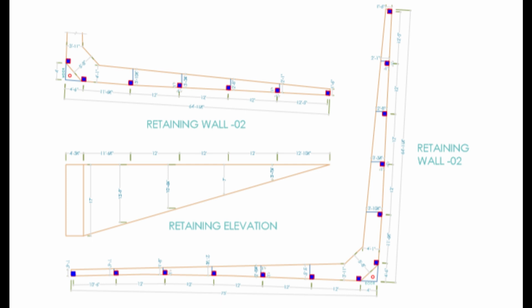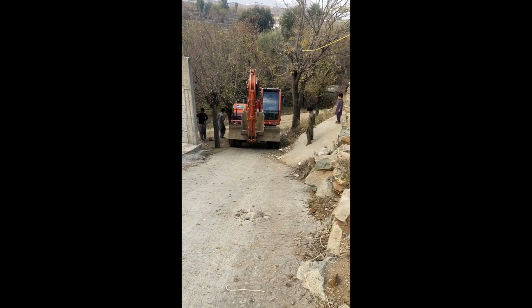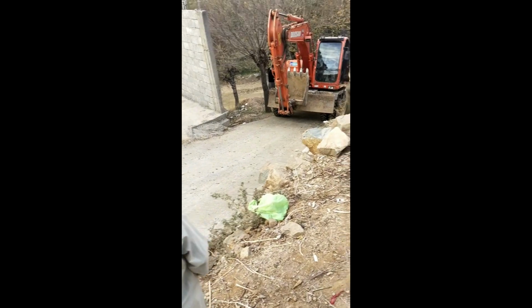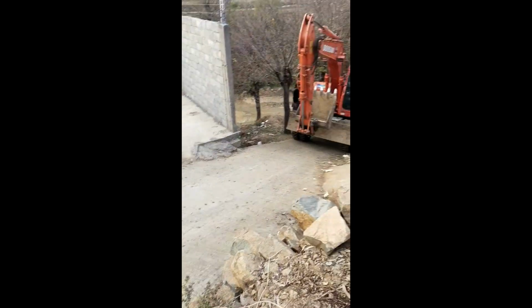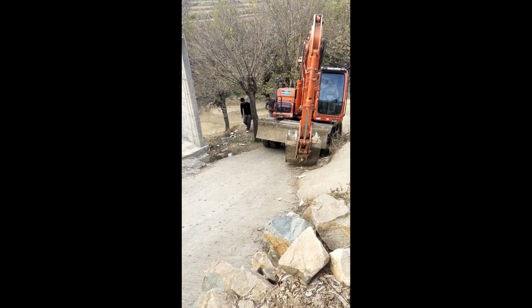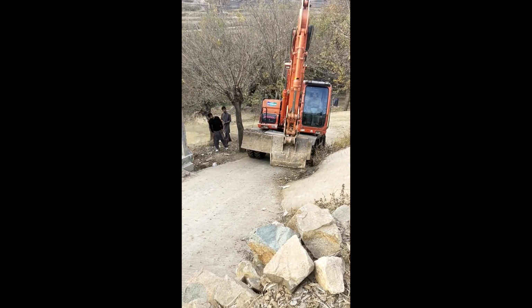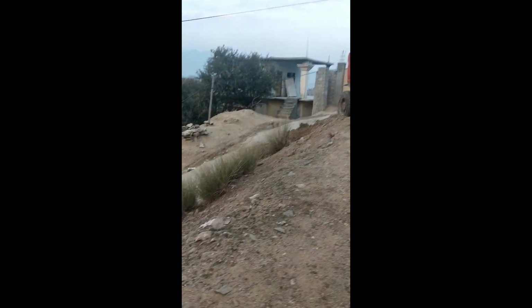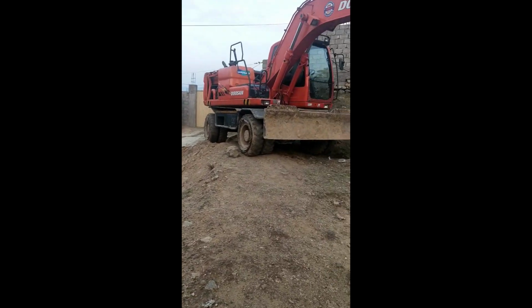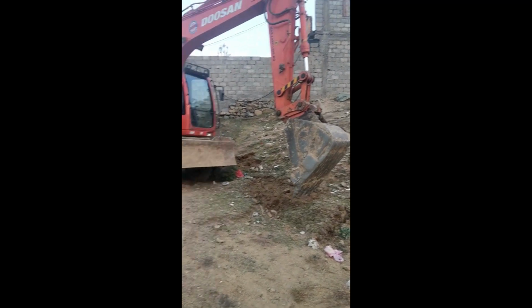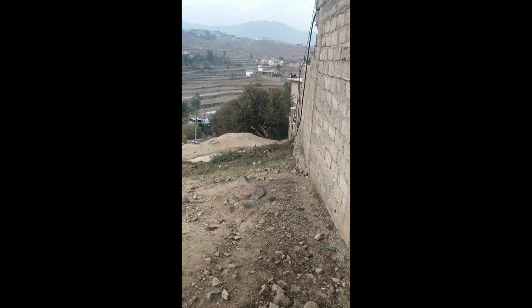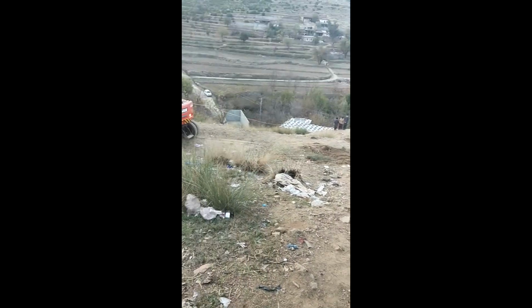Now in order to excavate the area for the retaining walls, we called an excavator to the site area, and you can see the excavator now. I'm sharing this just to show how difficult it is to construct a building in rural areas. The excavator has successfully reached the site without any harm, mashallah, and we strictly followed the safety rules.